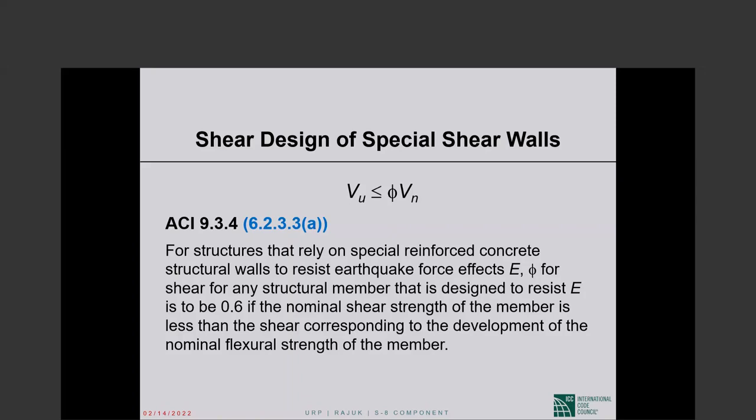Up to 1.5, you have no assurance that it will not fail in shear before it has a chance to fail in flexure.